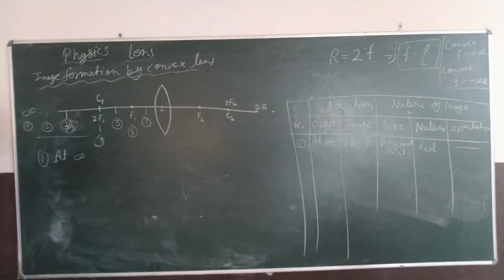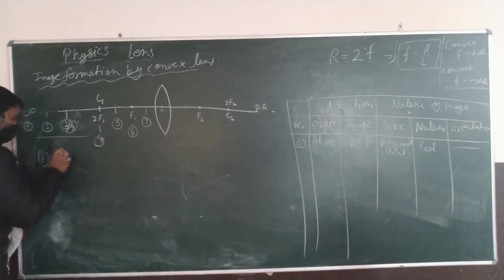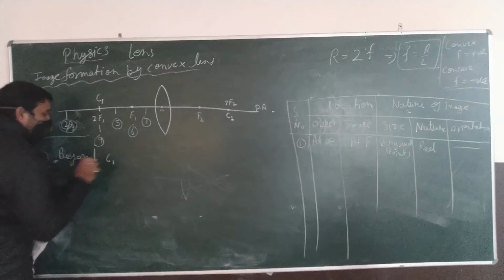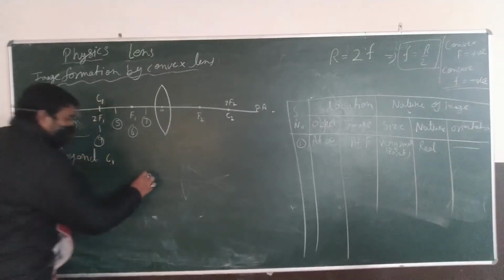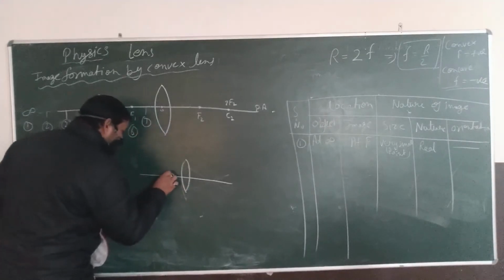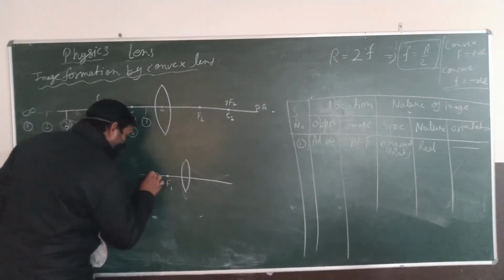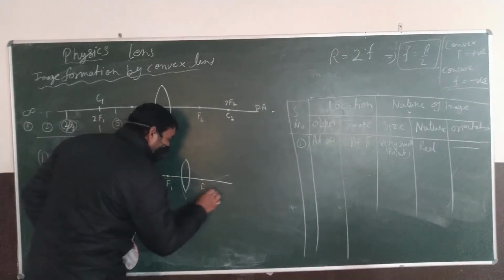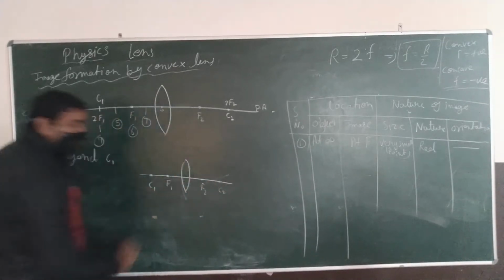Second, object beyond C, beyond C1. Let's say this is F1, this is C1, this is F2, and this is C2. Clear?